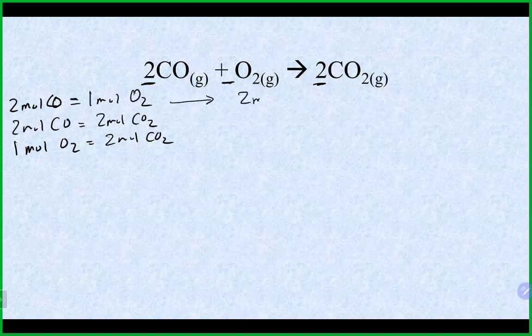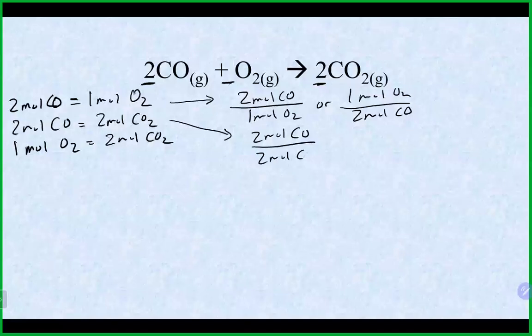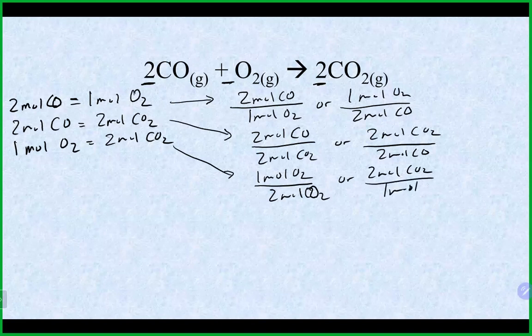You could write 2 moles of CO over 1 mole of O2, or 1 mole of O2 over 2 moles of CO. For this one, you could write 2 moles of CO over 2 moles of CO2, or 2 moles of CO2 over 2 moles of CO. And lastly, here we could write 1 mole of O2 over 2 moles of CO2, or 2 moles of CO2 over 1 mole of O2.